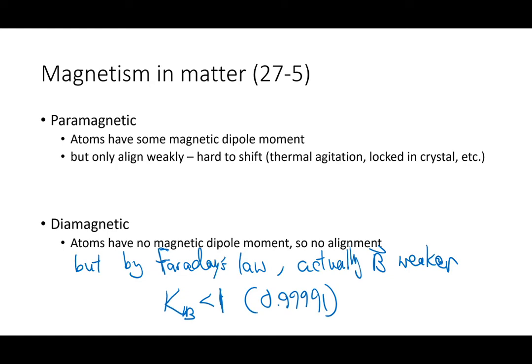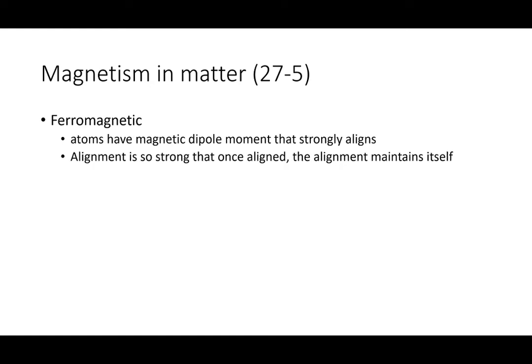The interesting case is the ferromagnetic material, where the atoms have really strong magnetic dipole moment that aligns very, very strongly. In fact, in many of these materials, the alignment is so strong that once you expose the material to an external magnetic field to cause that alignment, the magnetic field created by the resulting alignment can maintain itself, and that's where we get the idea of a permanent magnet.